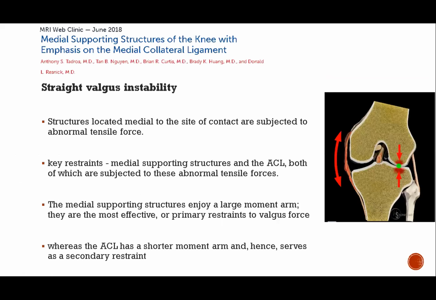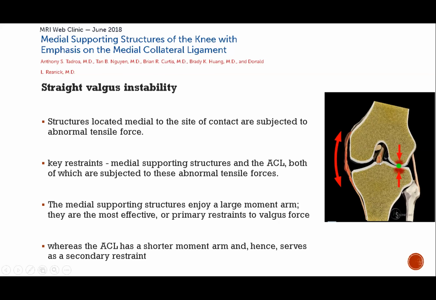So this is the study by Tedros et al. in June 2018. They studied the medial supporting structures of the knee with emphasis on the middle. Just as we saw the mechanism of injury in anteromedial rotational instability, this is another mechanism of injury where there is straight valgus instability.